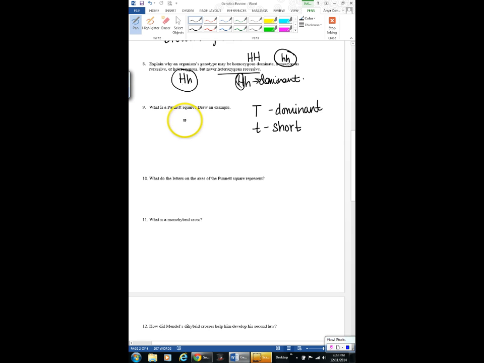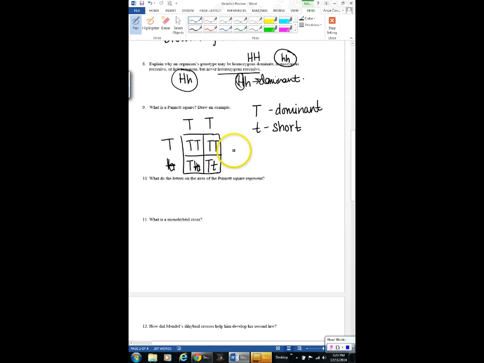So let's say we have one that is very tall, homozygous dominant, and let's say the other one is heterozygous dominant. Okay, so heterozygous here, homozygous, these are the same. So we're going to have homozygous dominant. Here, oops, I meant to put this as a small t, oh my goodness, sorry. And then this one is going to be small t.